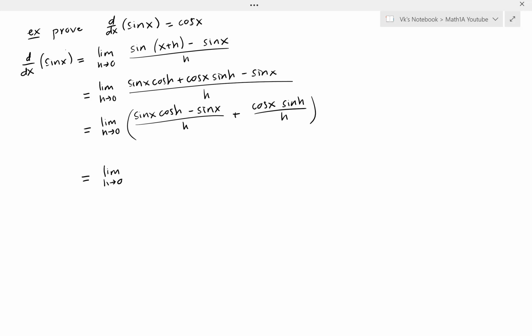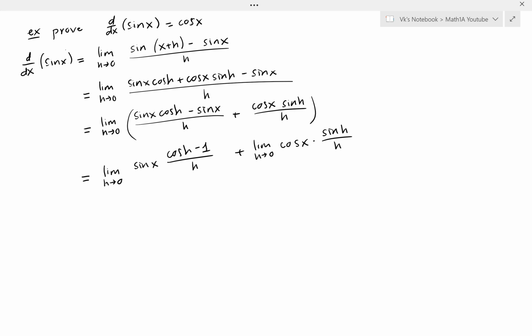Limit h goes to 0, sine x times (cosine h minus 1) over h, plus limit h goes to 0, cosine x times sine h over h.